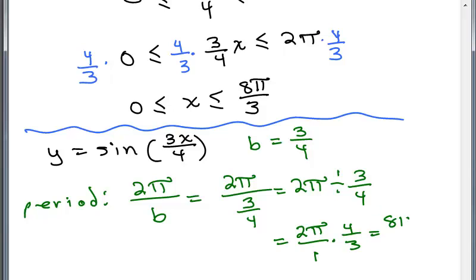We get our 8 pi over 3. So some people like to think of it as 2 pi divided by b, and then they never are going to have a complex fraction like this. But if the coefficient is not a fraction, it's pretty easy just to do 2 pi divided by b. So let's just do a couple more problems.